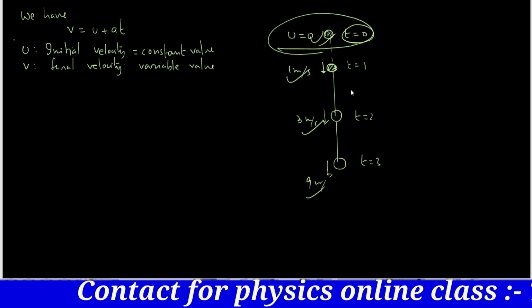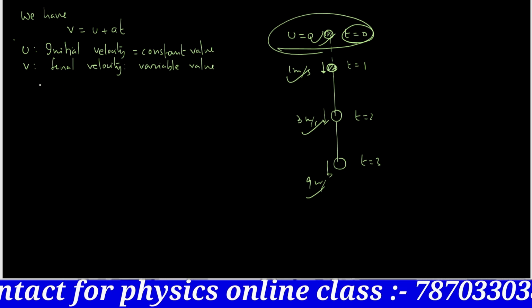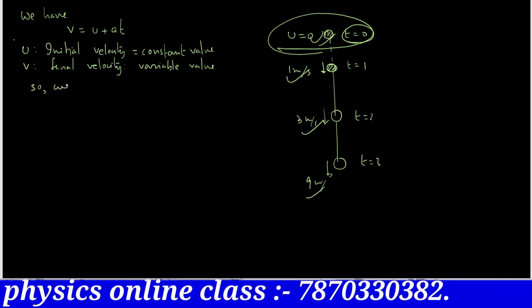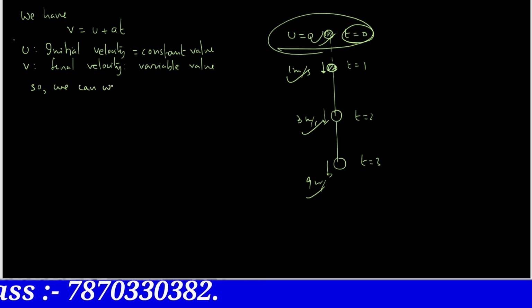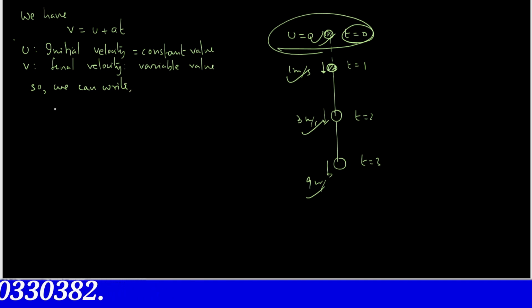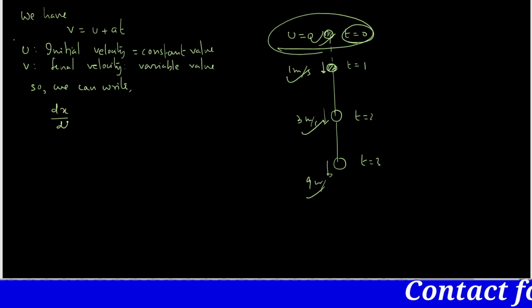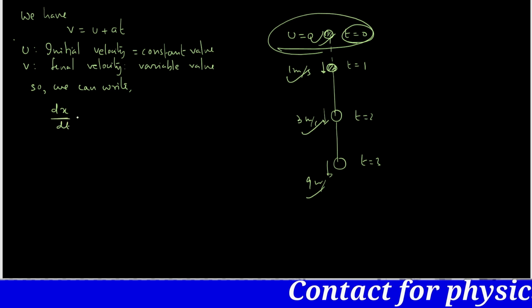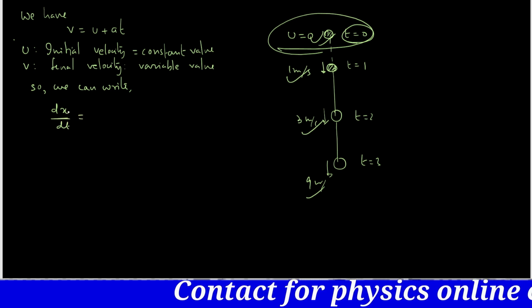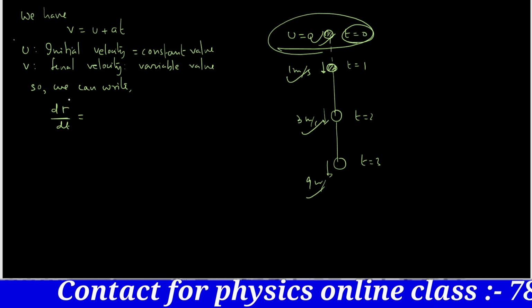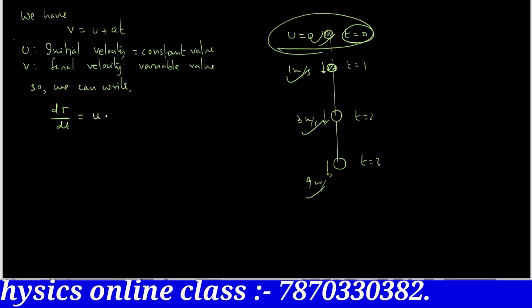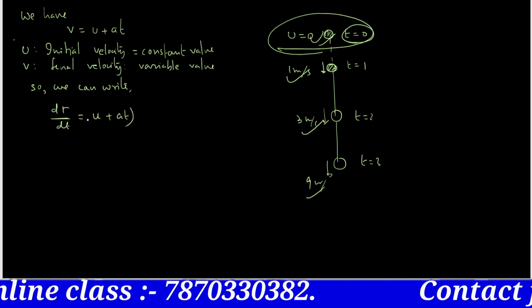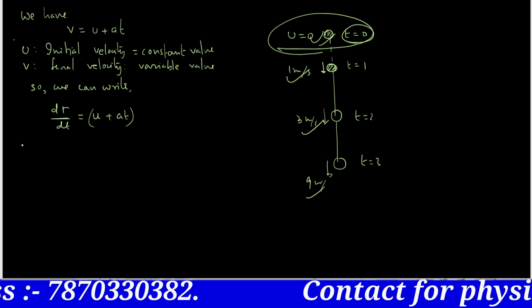So we can write dx by dt, or you can say dr, position is generally denoted as r. dr upon dt will be equal to u plus at. Here r is position.